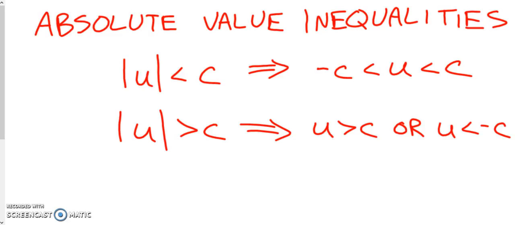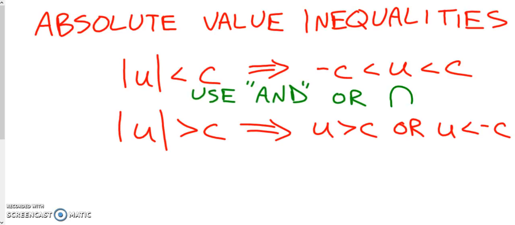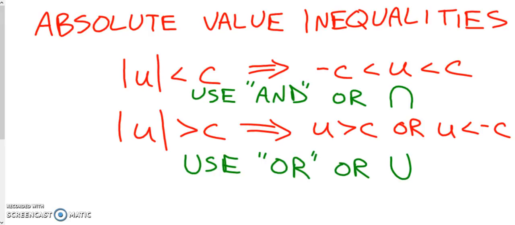Now, for this one, we use and, or an intersection. For this one, we use or, a union.